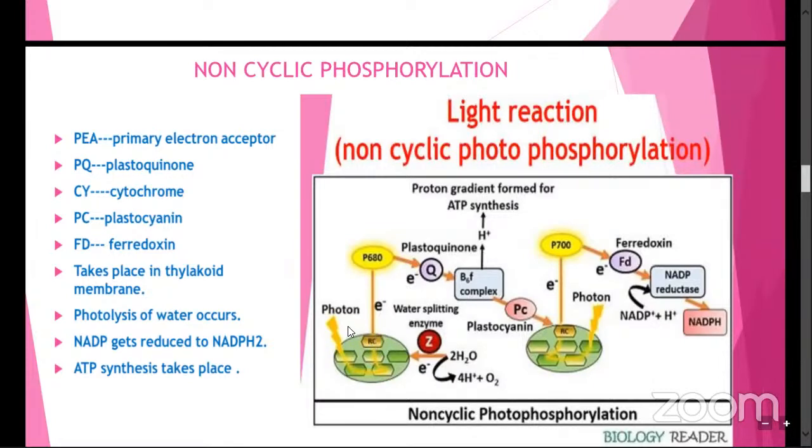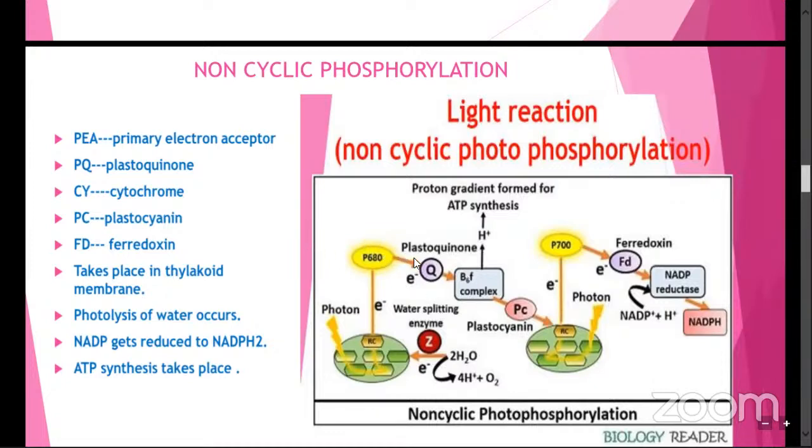As a result of the absorption of photons having a 680 nanometer wavelength, red light, the reaction center gets excited and releases electrons. These released electrons are absorbed by the primary electron acceptor. And from here, with a high energy gradient, the electrons are transferred through various electron transporters, and finally these electrons are accepted by reaction center 1.